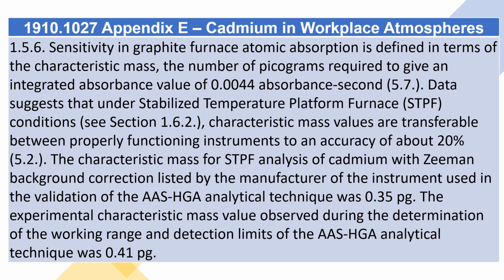The characteristic mass for STPF analysis of cadmium with Zeeman background correction listed by the manufacturer of the instrument used in the validation of the AAS-HGA analytical technique was 0.35 pg. The experimental characteristic mass value observed during the determination of the working range and detection limits of the AAS-HGA analytical technique was 0.41 pg.